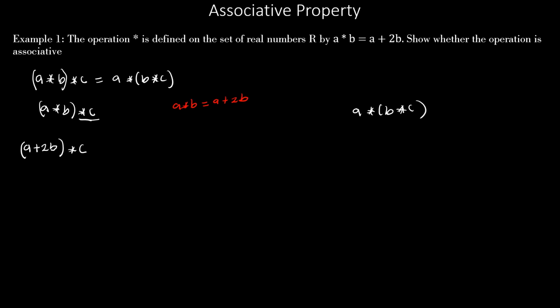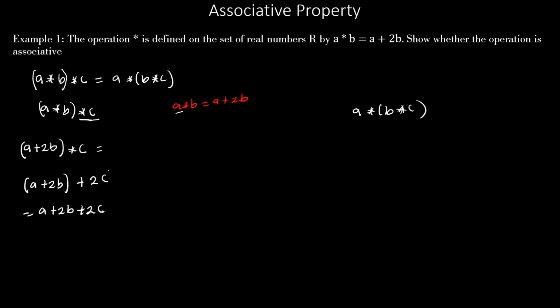(A + 2B) * C. A now stands for A + 2B and B signifies C. So this gives us A + 2B, this is now our A, plus 2 times C, which is 2C. So here we have A + 2B + 2C.